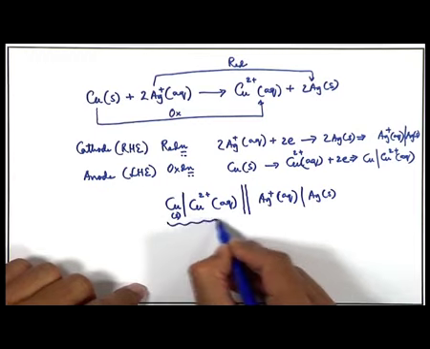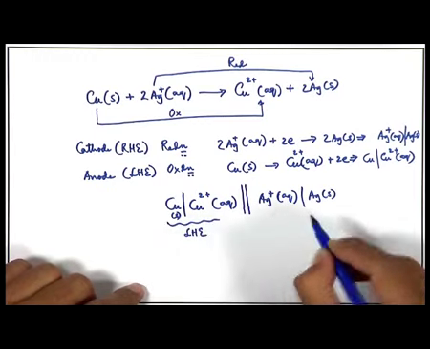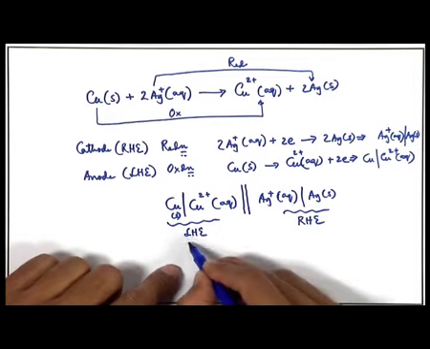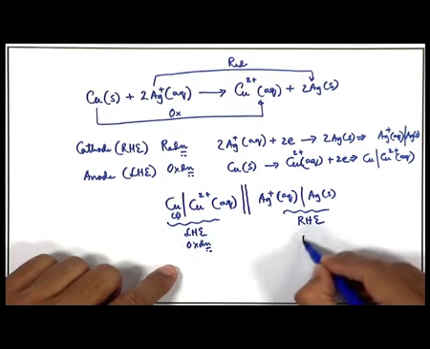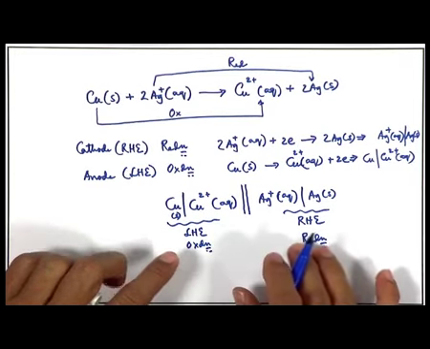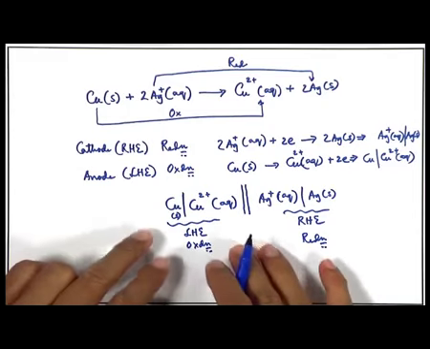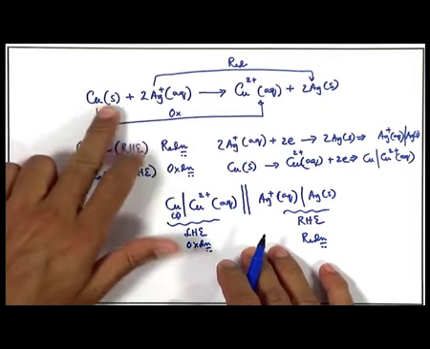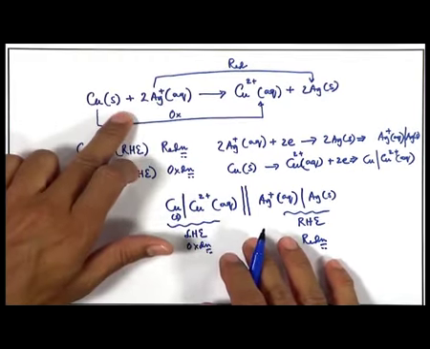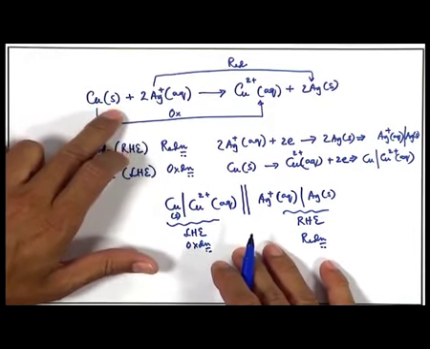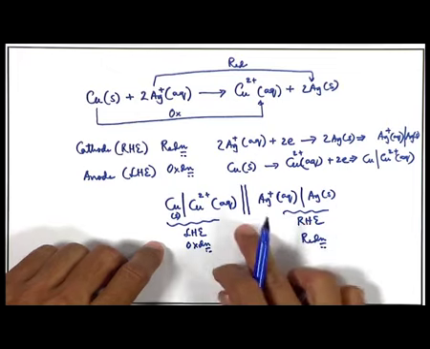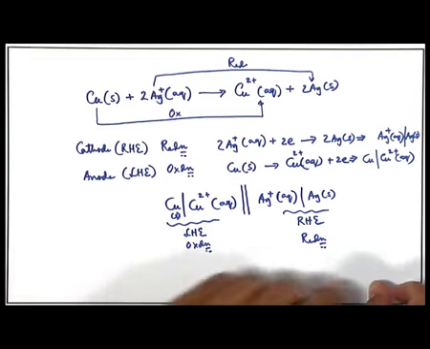This is your left hand electrode, this is your right hand electrode. Here you have oxidation, here you have reduction. This is typically the representation. This way you are representing this particular chemical reaction; if you want to have this overall chemical change in a cell, then you need to construct the electrochemical cell like this.